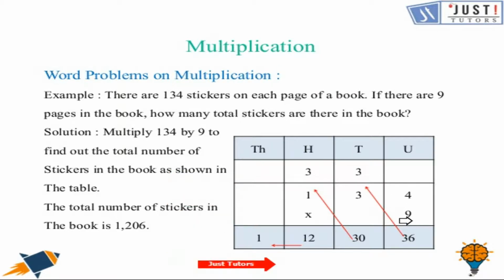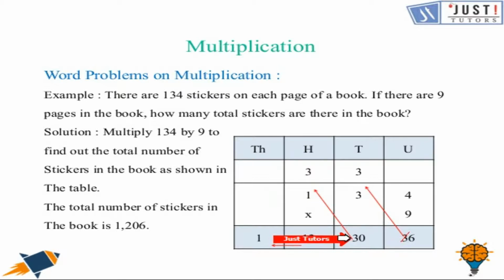What they have done here is, starting from the right, 9 times 4 is 36. They have written 6 here, out of which the 3 goes to the tens column as a carryover, so we can cross the 3 out from here. Moving ahead, 9 times 3 is 27. Add the carryover 3, it will be 30.